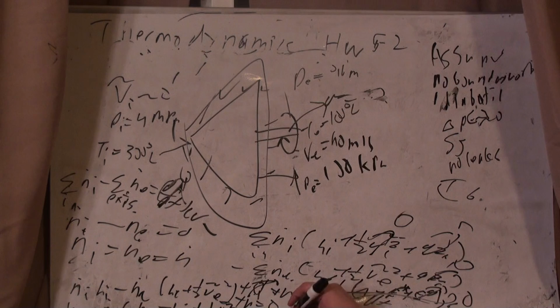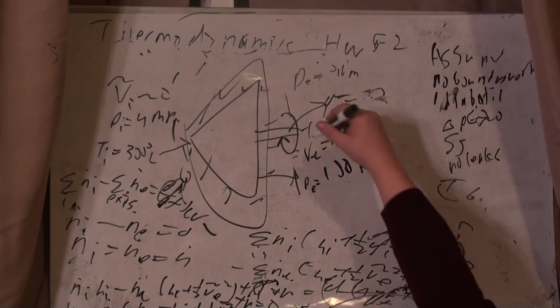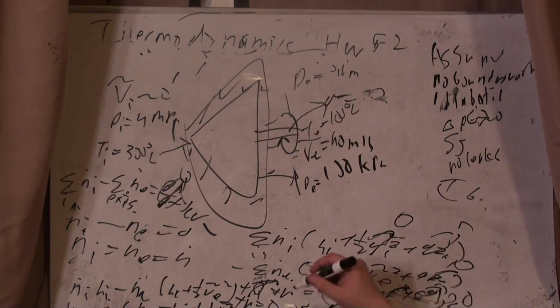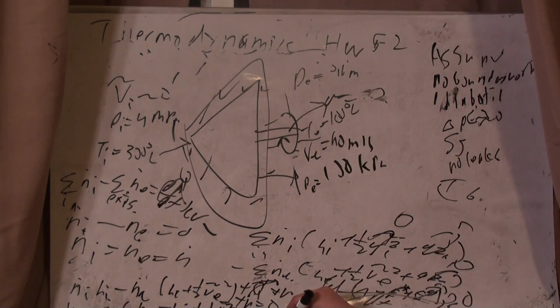That's my area, times my velocity, V exit. Okay, so there's my over R T exit. There's my molar flow rate.